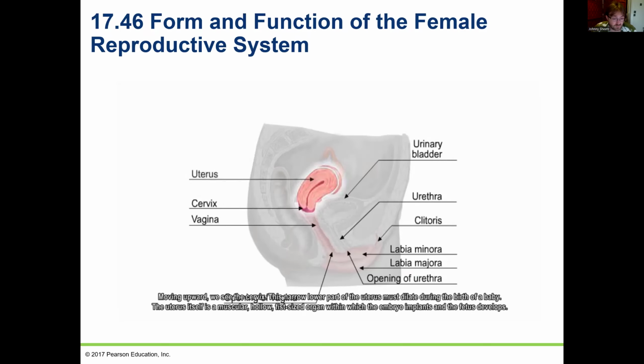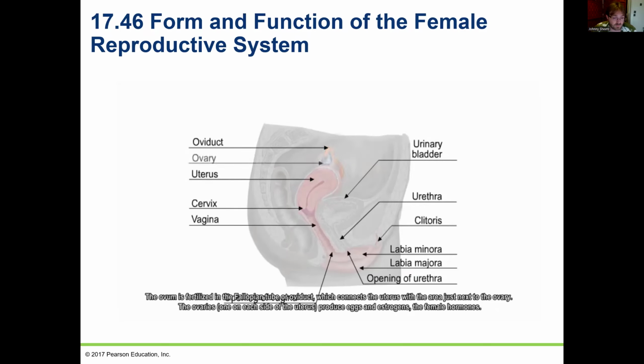The uterus itself is a muscular, hollow, fist-sized organ within which the embryo implants and the fetus develops. The ovum is fertilized in the fallopian tube or oviduct, which connects the uterus with the area just next to the ovary. The ovaries, one on each side of the uterus, produce eggs and estrogens, the female hormones.